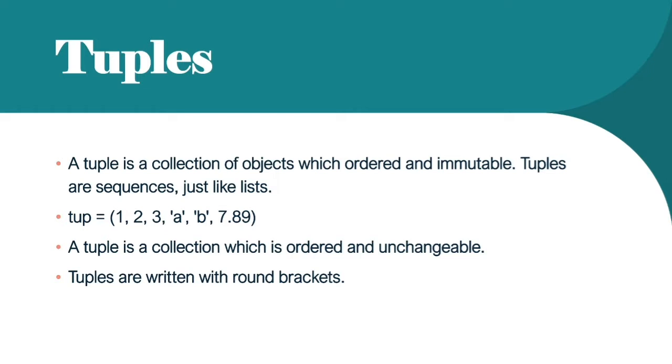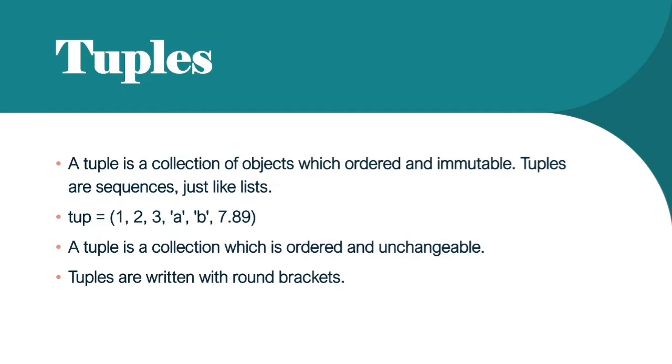First of all, we need to know the basic definition of a tuple. There is not much significant difference between a list and a tuple. If we see it in an abstract way, both lists and tuples are collections of objects or elements.